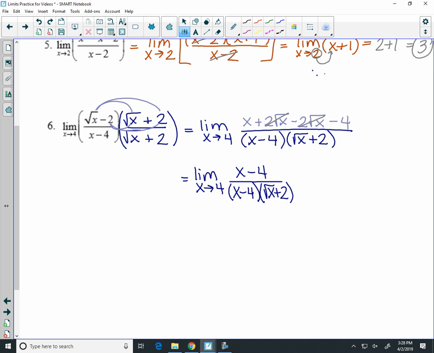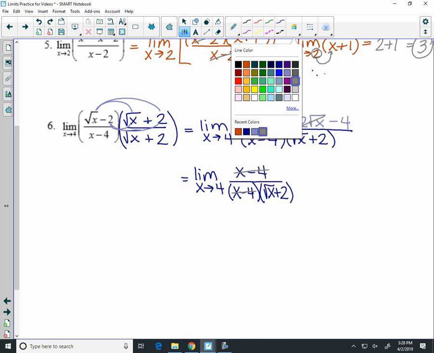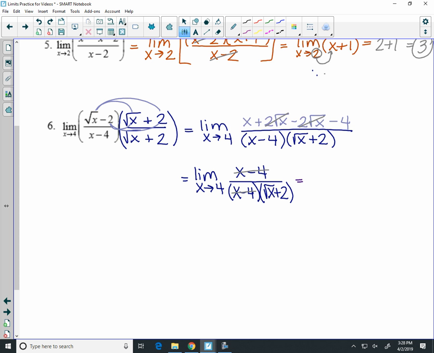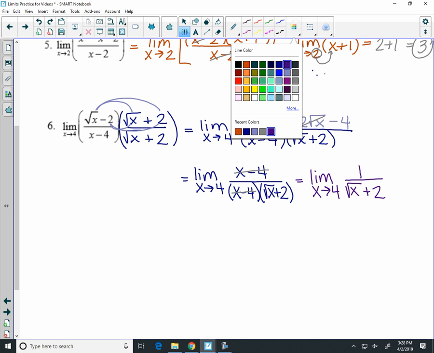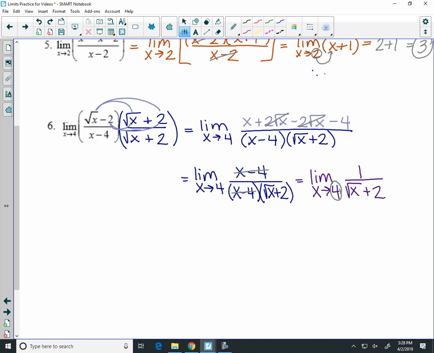And now I can cancel my x minus 4s. And that gets rid of that piece of the equation that was causing the problem for us for finding the limit as we approach 4. So I have a 1 on top and square root of x plus 2 in the denominator. And now it's safe to plug in because I'm not going to get a 0 in my denominator.